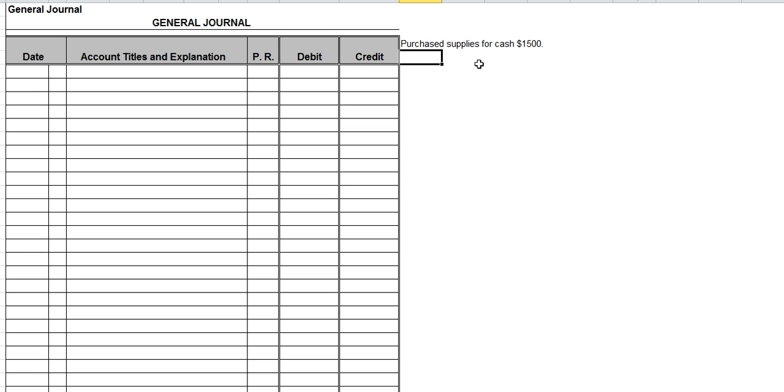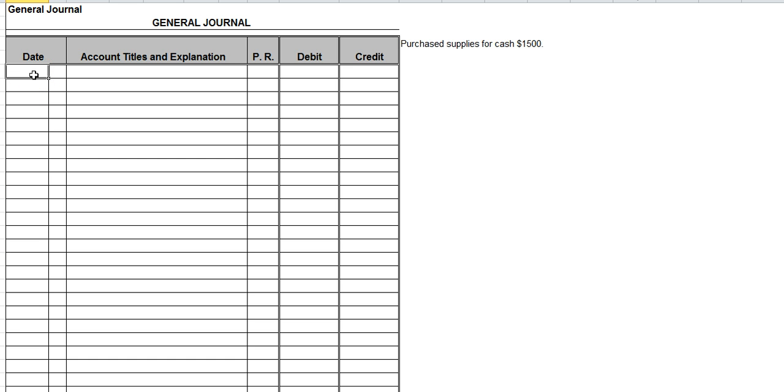If supplies are going up, we want to increase the balance of our supplies account. Supplies is what type of account? It's an asset, right? Because it has value. How do you increase an asset? Debit. Very good. So we would record our date over here.